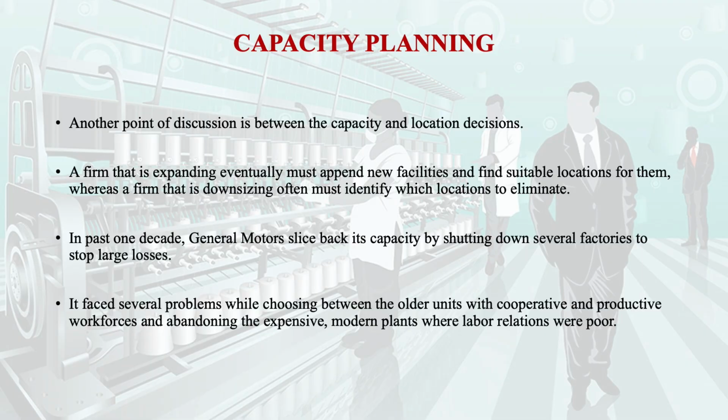Even to operate the factories, if there is no demand, it is better to shut down some of them. It faced several problems while choosing between the older unit with a cooperative and productive workforce and abandoning the expensive modern plant where the labor relations are poor.